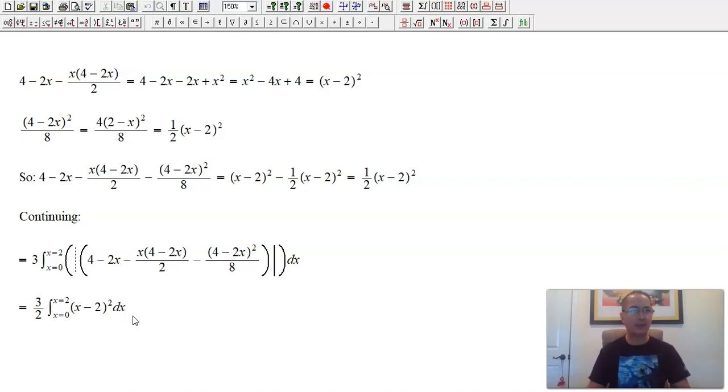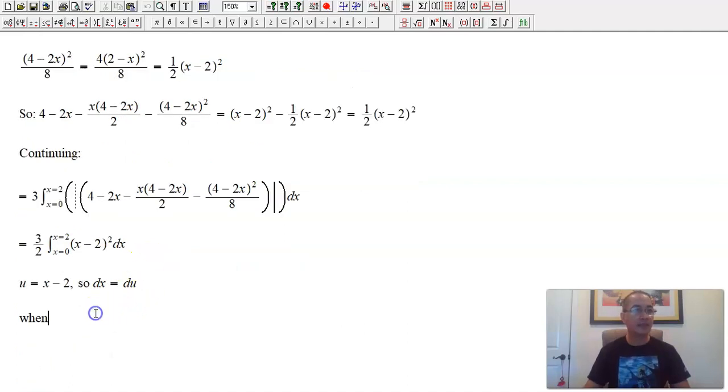Let's do it the smart way. u will be x minus 2, so dx equals du. Very nice. du equals dx, dx equals du. But now, when x equals, let's do that on the next line. And let's scroll up a little bit to make some space.